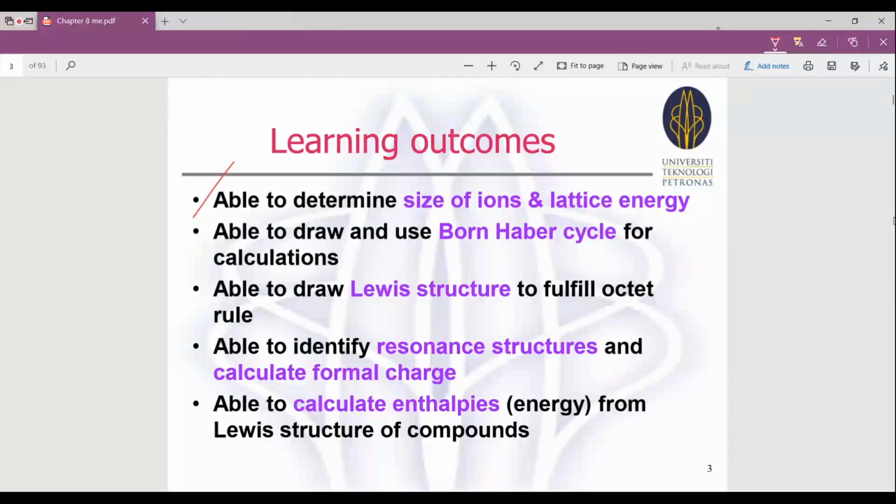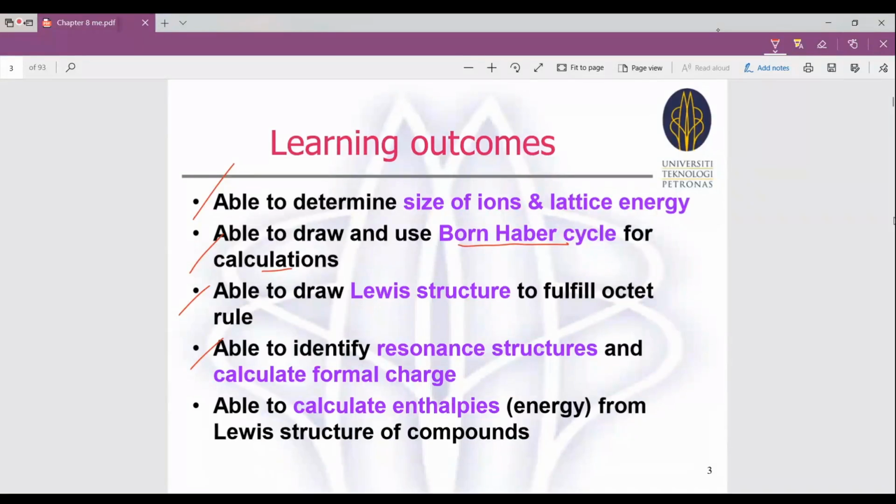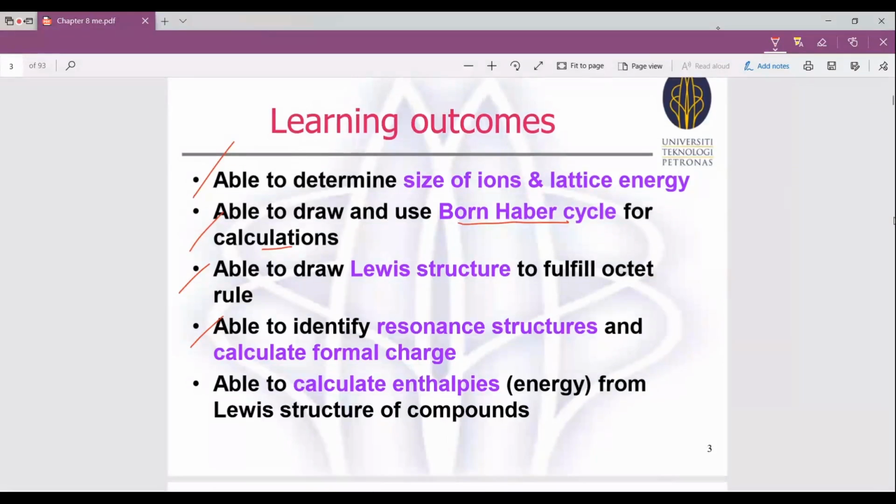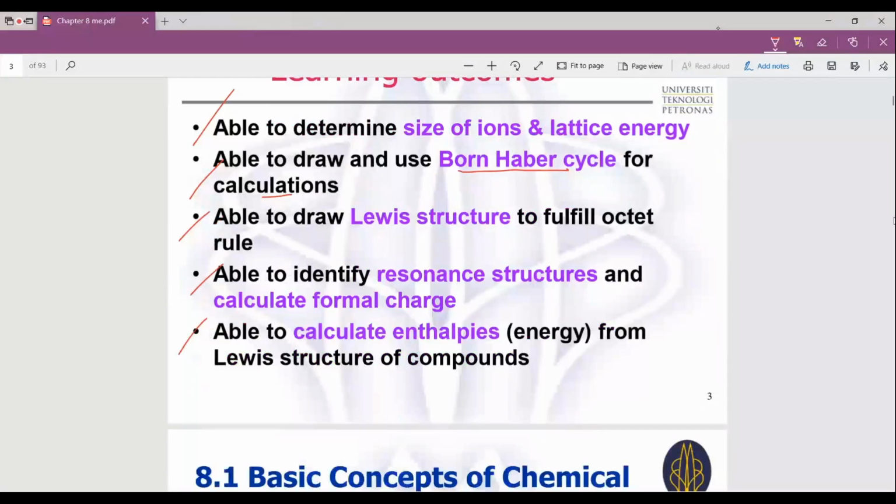Next, able to draw and use the Born-Haber cycle for calculations of enthalpy, or energy. Able to draw Lewis structures to fulfill the octet rule. And next, able to identify resonance structures and calculate formal charge from resonance structures, and then able to calculate enthalpy, which is energy, from the Lewis structure of the compounds.